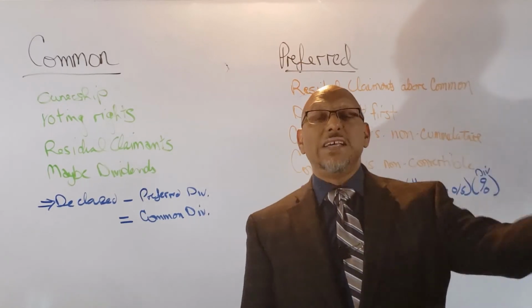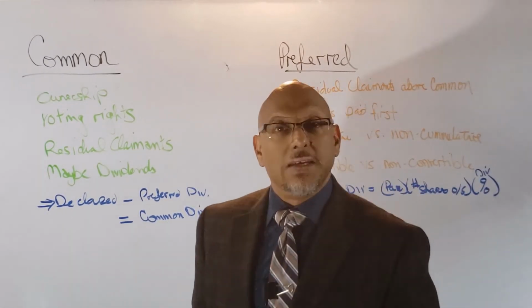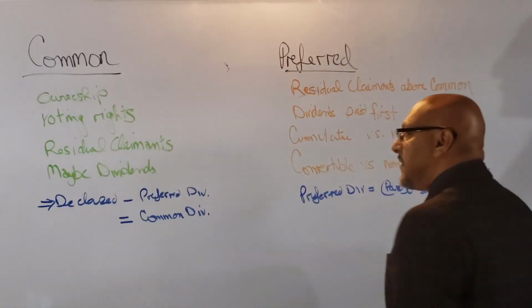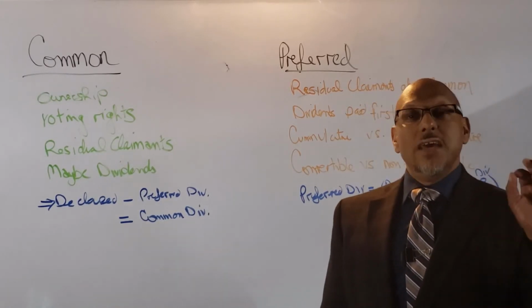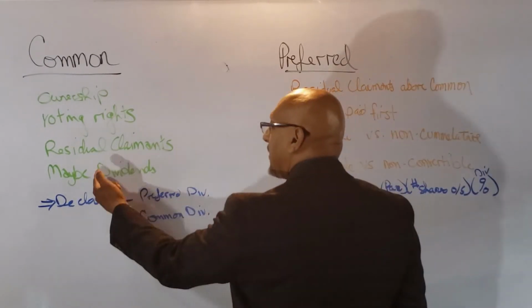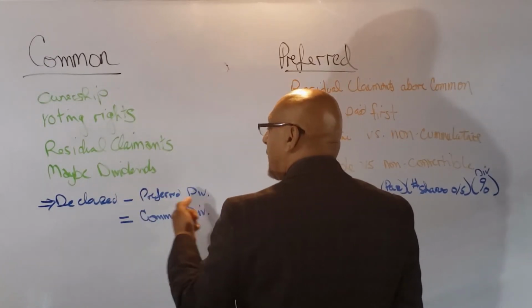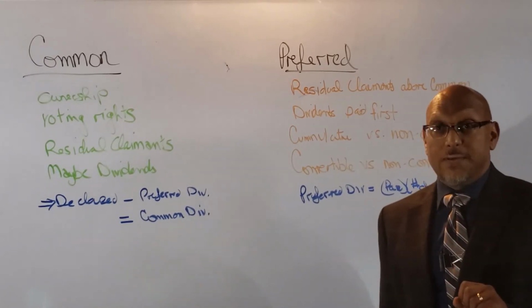Their investment may pay back at that point. It may not. They may lose their money and the company goes bankrupt. And they may get dividends, but dividends are not absolutely guaranteed to common stockholders. If it's declared, the preferred stockholders' dividends always come first.